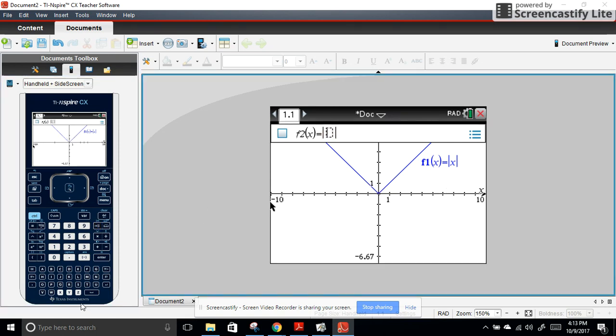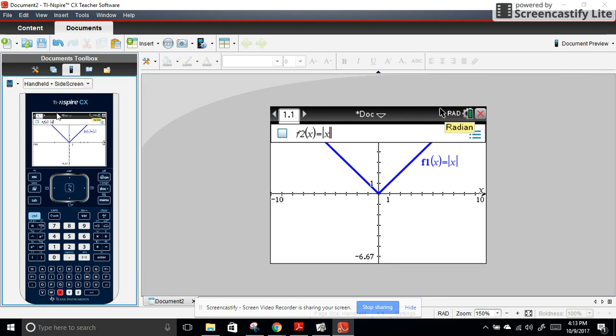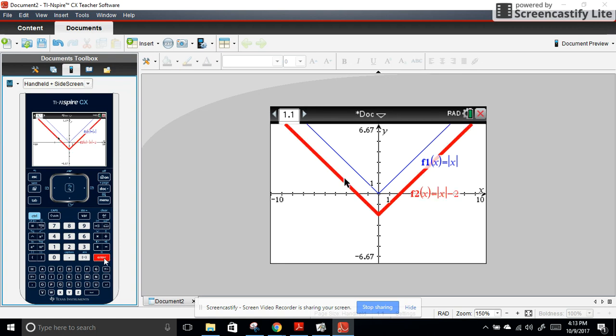Type in the X. Move outside your function and then do the -2. And then hit enter. And it graphed it just like we said. It shifted it down 2. Here was the original one at 0, 0, went down 2.